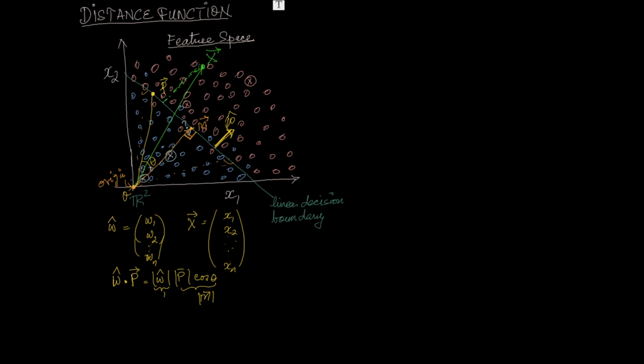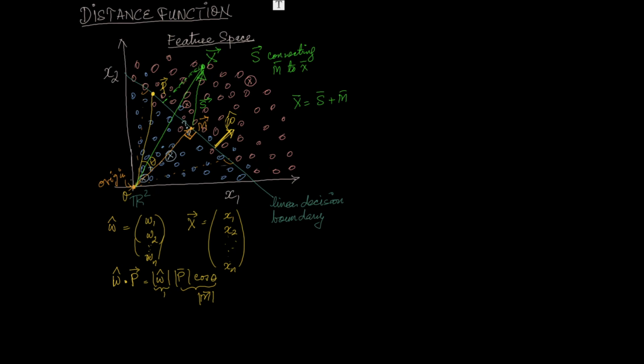To find that, let's connect these two points and create a vector. Let me call this vector S vector, where S is a vector connecting M to X. Just an observation will convince you that X is S plus M, the vector.